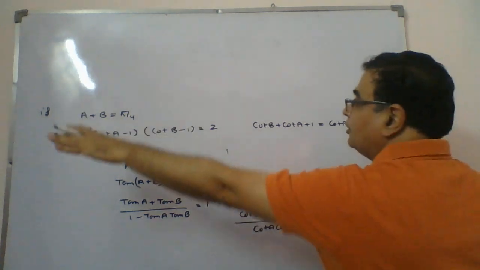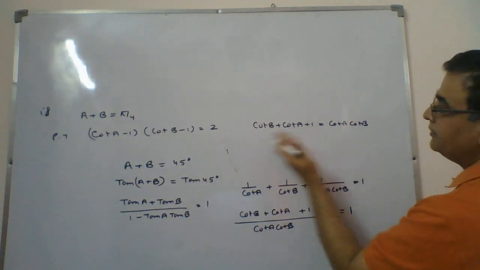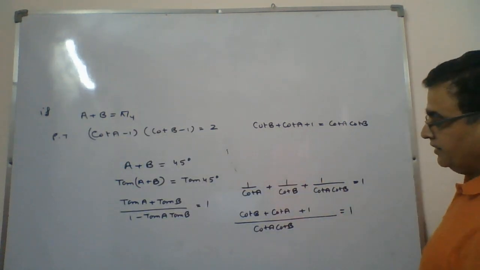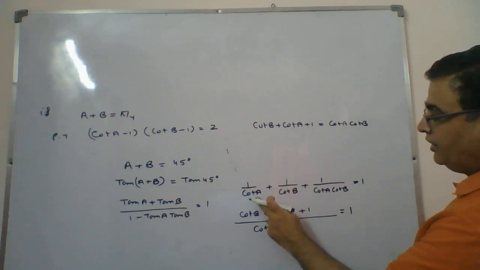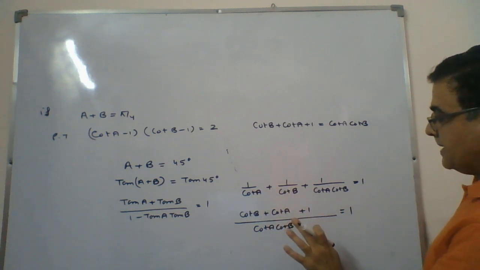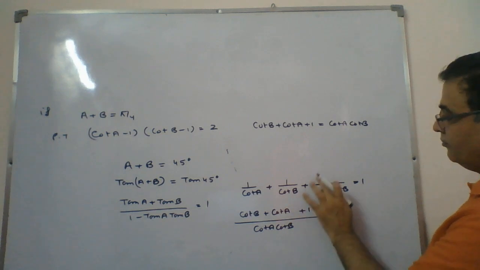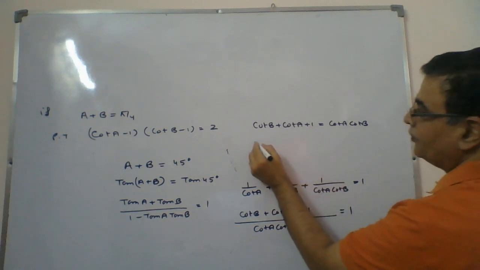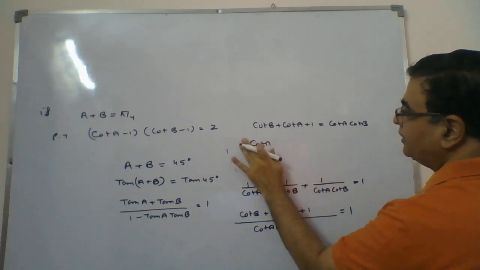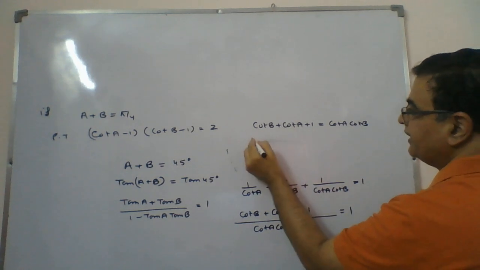Again we want cot on one side. So this term this side and 1 we will take this side. So 1 by cot A, 1 by cot B, 1 by cot A cot B. So when you solve it, we'll take this term to one side.